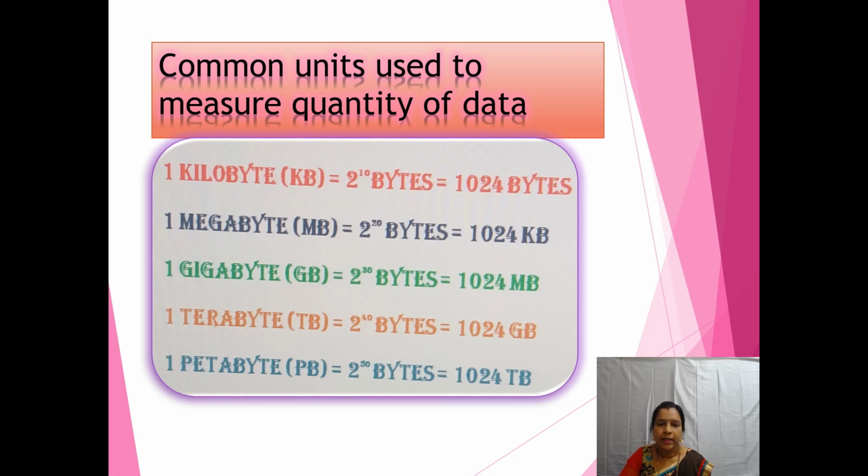Then 1 gigabyte, GB, equals 2 raised to 30 bytes, equals 1024 megabytes. 1 terabyte, TB, equals 2 raised to 40 bytes, equals 1024 gigabytes. Then 1 petabyte, PB, equals 2 raised to 50 bytes, equals 1024 terabytes. So these are the quantities in which we measure data.